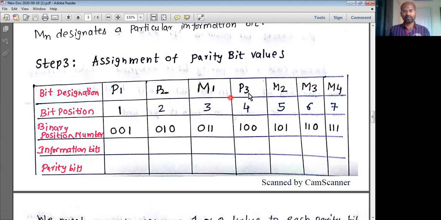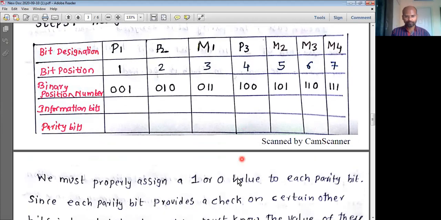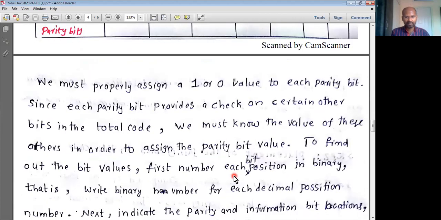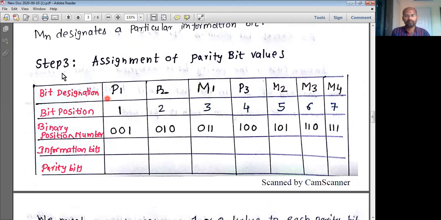What is the value for P3? Is it 0 or 1? That is found in step 3. Step 3 discusses what value the parity bit will get. Okay, now let's see how we do it.